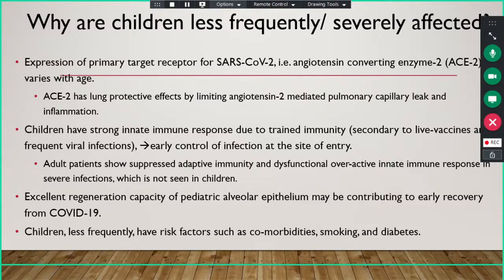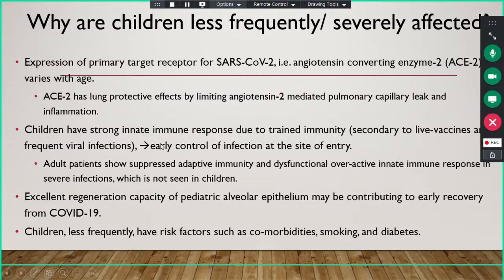very less. So the hypothesis given is the expression of the primary target receptor. You may be aware that the coronavirus gets attached to a receptor, that is angiotensin converting enzyme 2, ACE2, and that is less in pediatric patients.